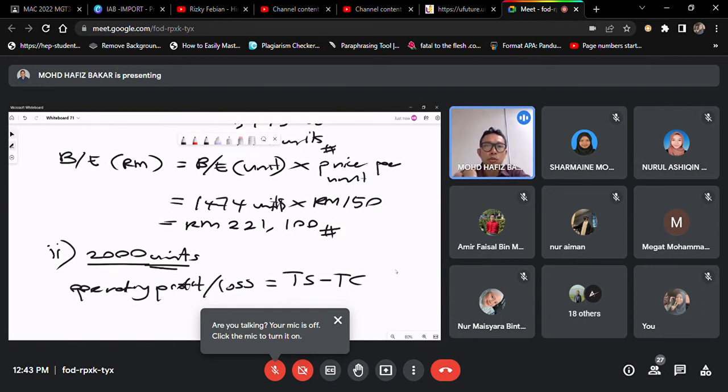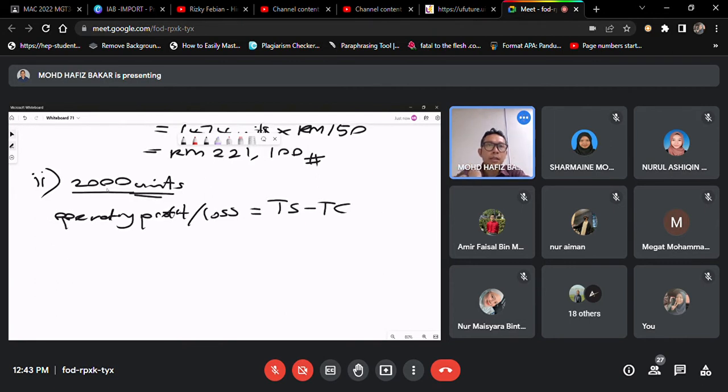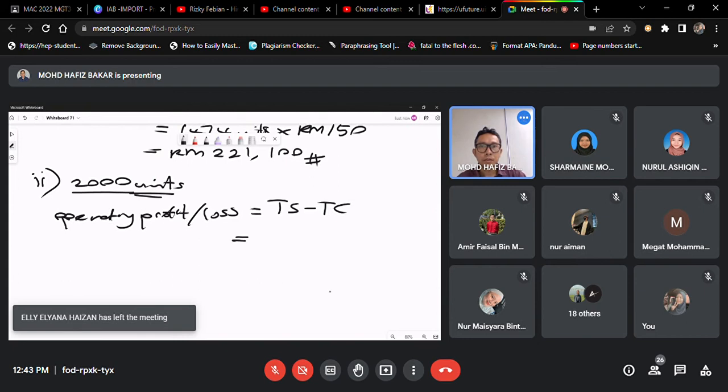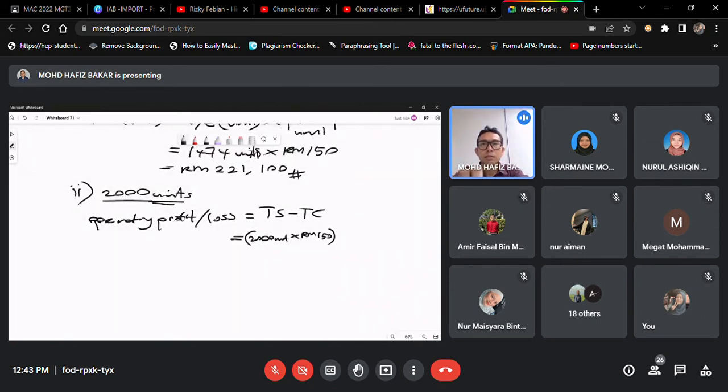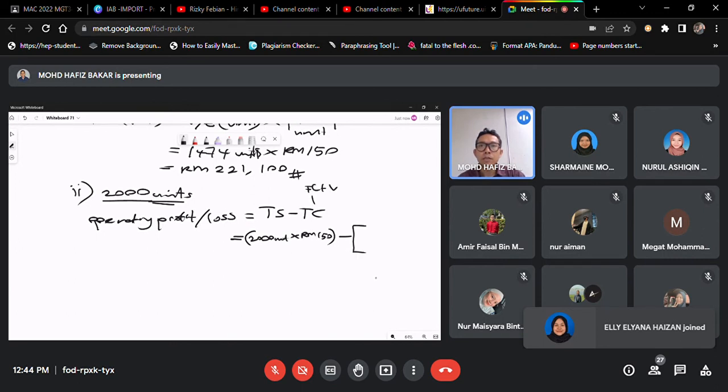So we base it on 2,000 units. Total sales: 2,000 units times price per unit, RM150. Then minus total cost. Total cost consists of fixed cost plus variable cost.